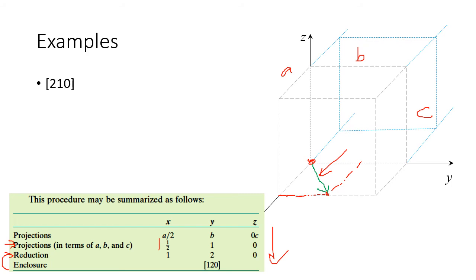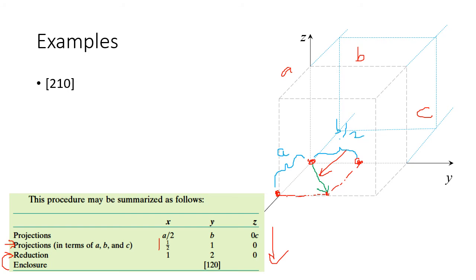As the direction lies on xy plane, there will be no projection on z-axis. So this is the projection, this is the point. This is the projection on x-axis, this is the projection on y-axis. Okay, so this is the length of projection along x-axis and this is the length of projection along y-axis. So as you can see, the length of projection is A on x-axis and length of projection is B by 2 along y-axis and 0 along z-axis. So let us write this.